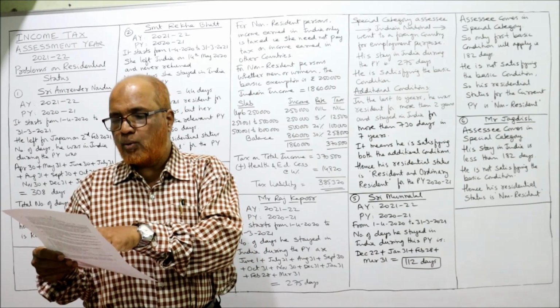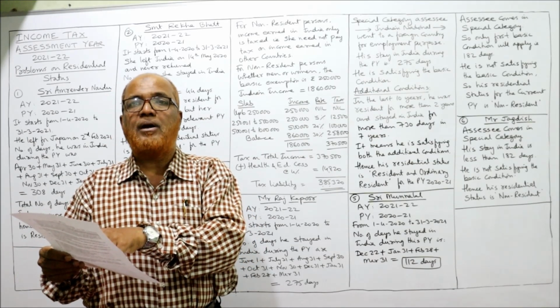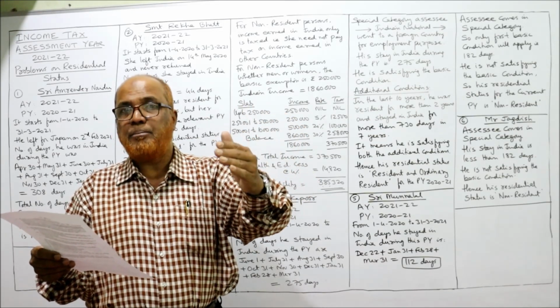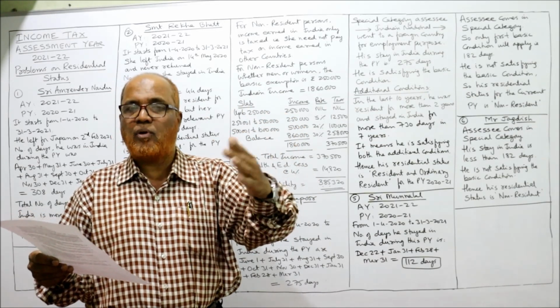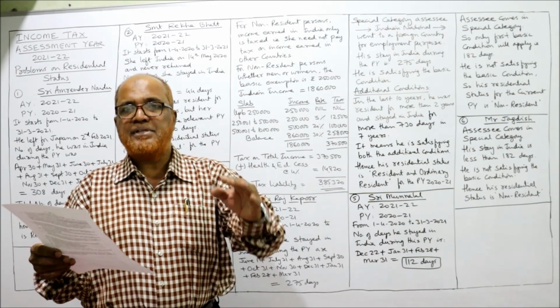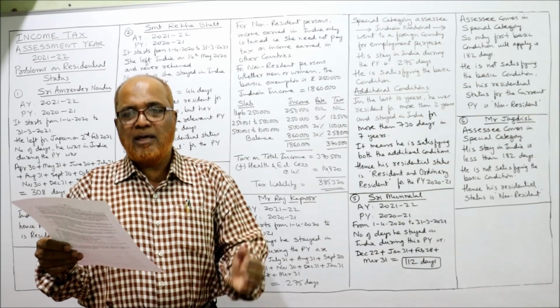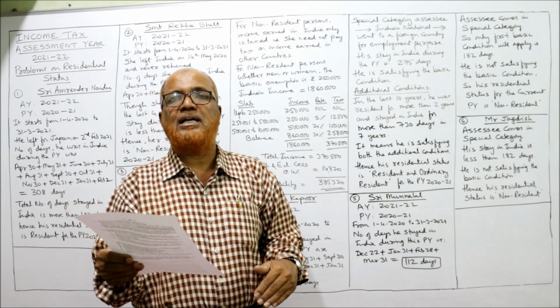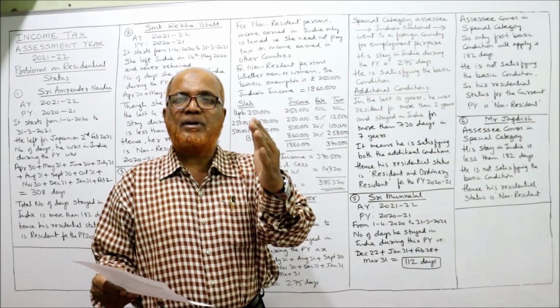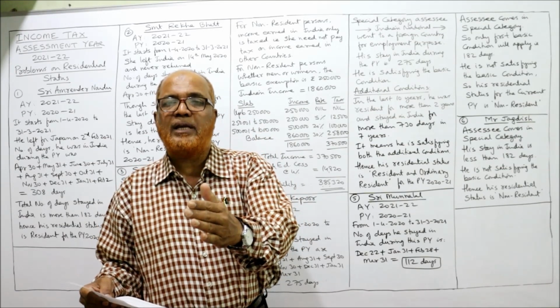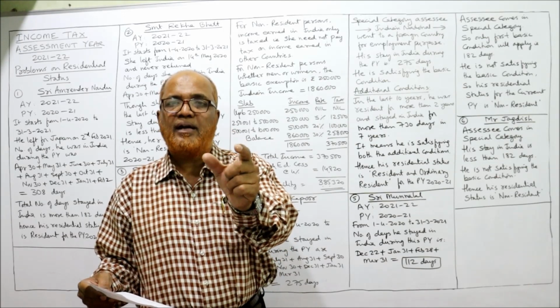So he returned to India on 10th December 2020. He went to China on 10th March 2020, before our year begins. That means April, May, June, July, August, all these months he was in China. He came back to India on 10th December. From 10th December 2020 to 31st March 2021, how many days did he stay in India?